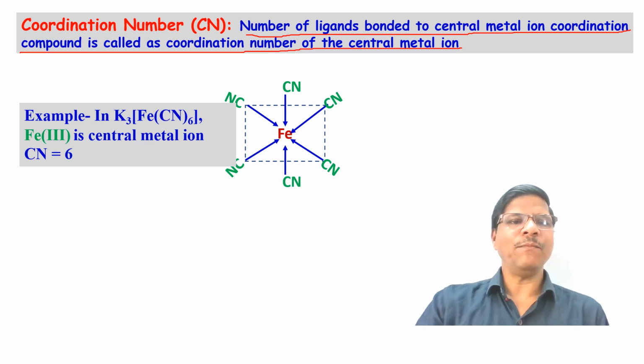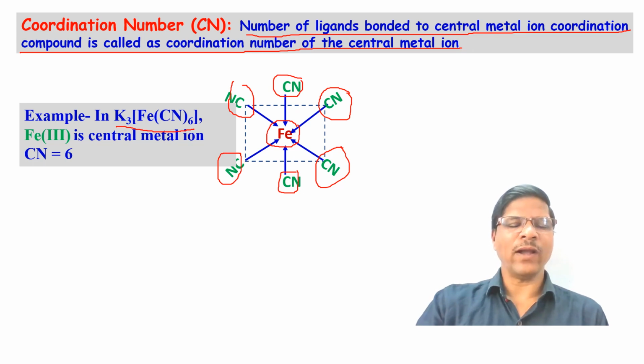So here as an example we have K3[Fe(CN)6], and in K3[Fe(CN)6], iron is the central metal ion, and to the central metal ion 6 cyanides, 1, 2, 3, 4, 5 and 6, are bonded, hence the coordination number, Cn here stands for coordination number, of iron is 6.